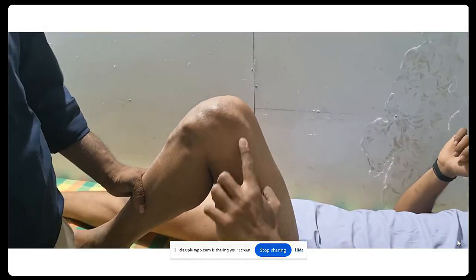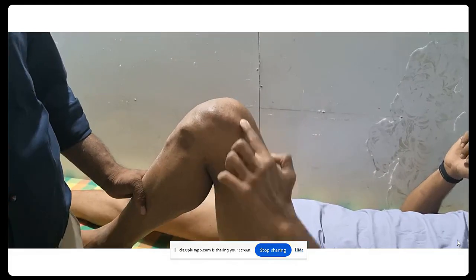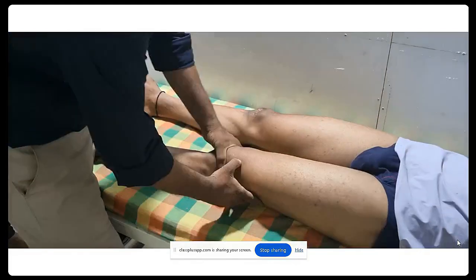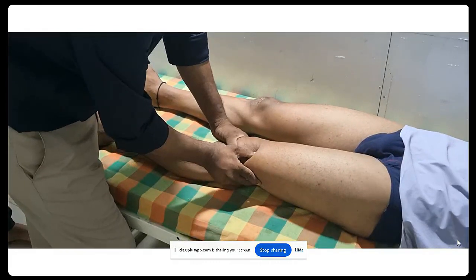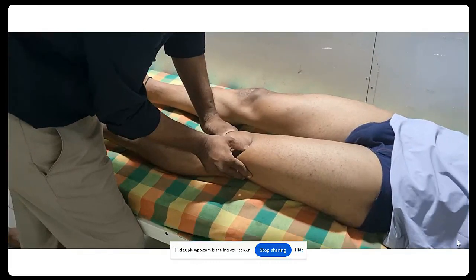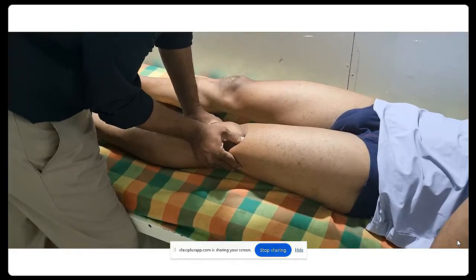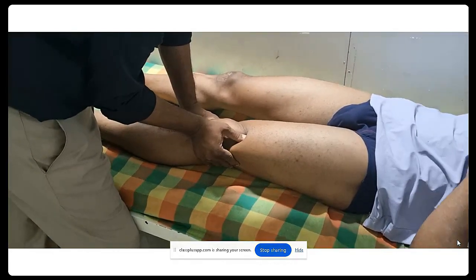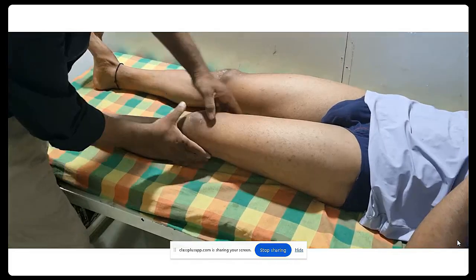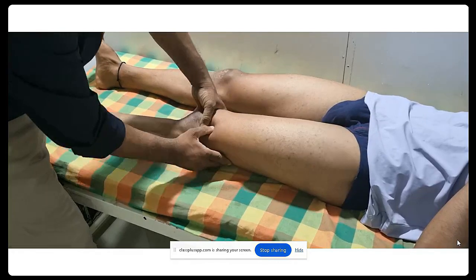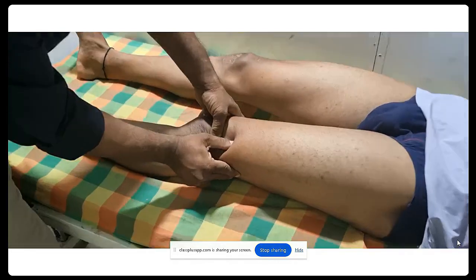He is unable to flex the knee, unable to flex his lower limb, and has severe pain at this particular area, which is the quadricep tendon. Here I am actually doing myofascial release for the rectus femoris and other quadricep muscles.